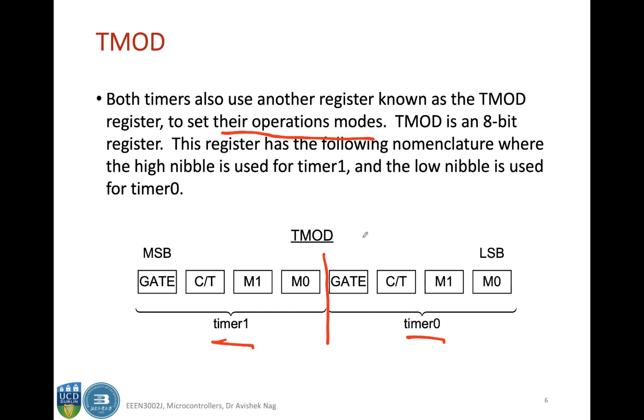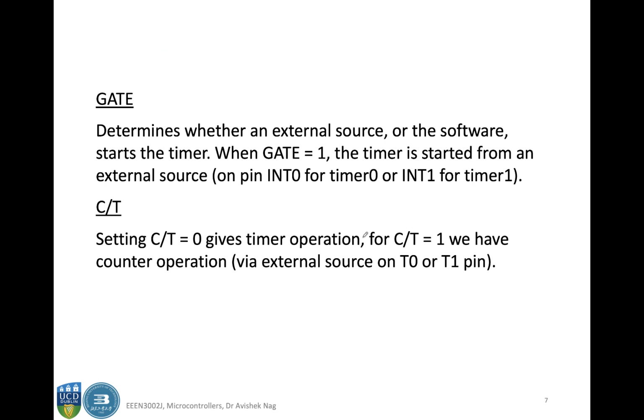So let's start with the gate. The gate bit determines whether an external source or the software starts the timer. When your gate bit is 1, the timer is started from an external source, and when the gate bit is equal to 0, the timer is started by the internal software. We will get into these examples when we do interfacing with external devices.